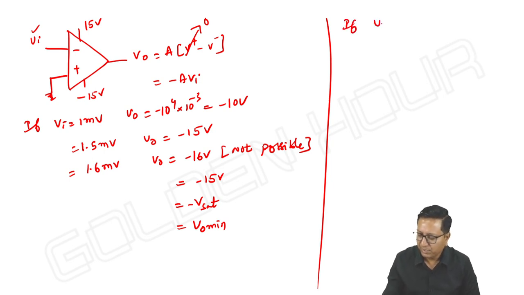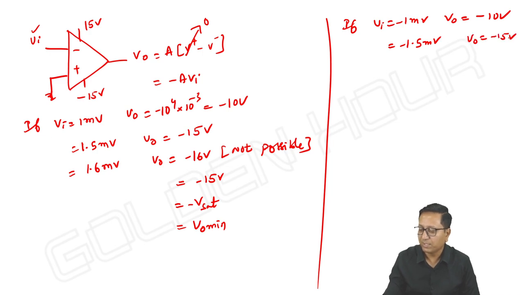Similarly, if my input is minus 1 millivolt, the corresponding output is plus 10 volts. If it is minus 1.5 millivolt, the corresponding output is plus, no, negative input, output should be positive, so plus 15 volts. And my input is minus 1.6 millivolts, the expected output is 16 volts.